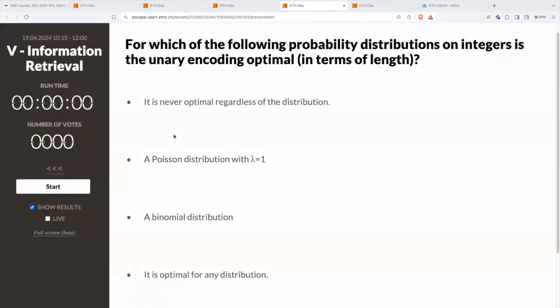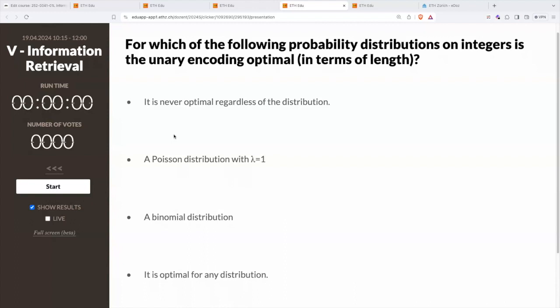You remember this thermometer encoding? You would think there's nothing less efficient than that, right? It takes a huge number of bits to encode an integer and so on. There's no way it can be optimal. And in fact, I'm asking you, could it be optimal for one specific probability distribution? Is there a probability distribution for which the unary encoding, the thermometer encoding, is optimal? So what do you think?